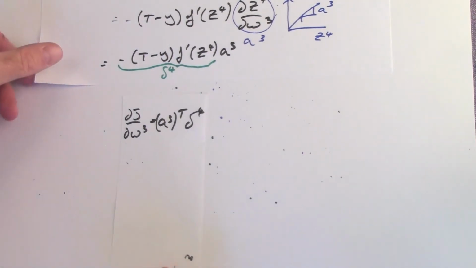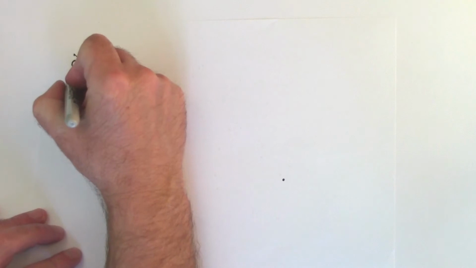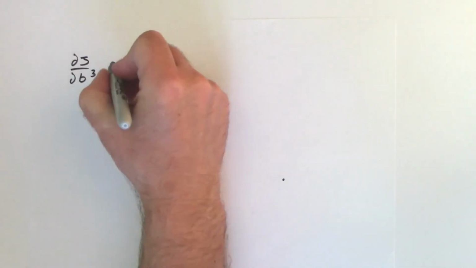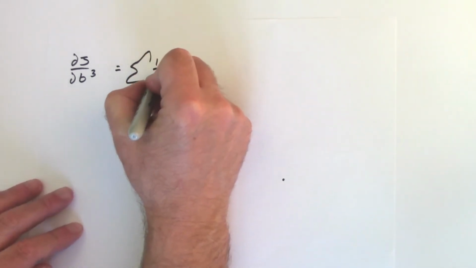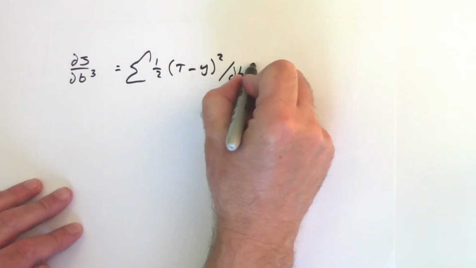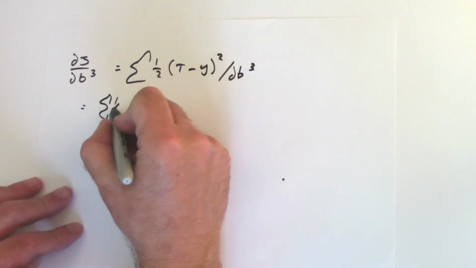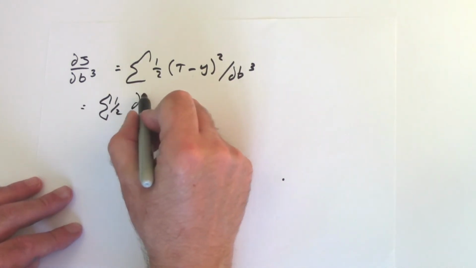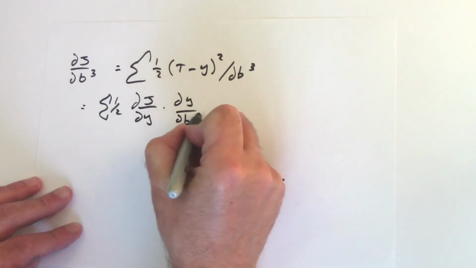Okay, so how about the bias term? dJ by db3 equals the sum of half (t minus y) squared, differentiated by db3, which equals, by using the chain rule, this time dJ dy by dy db3.